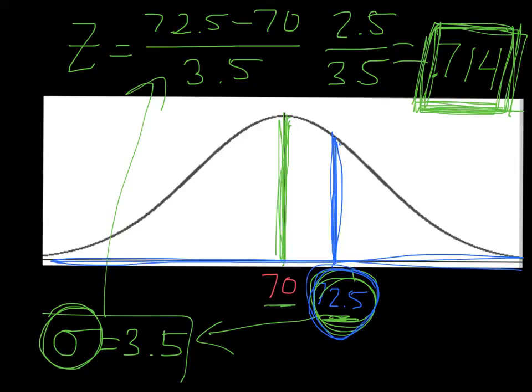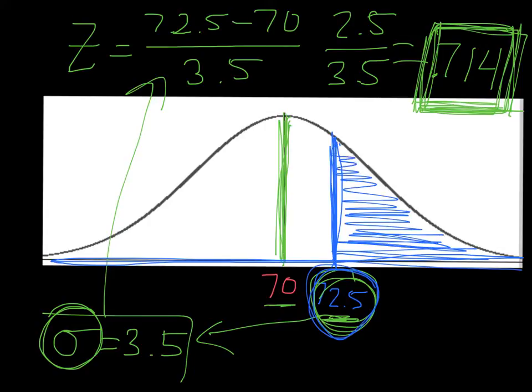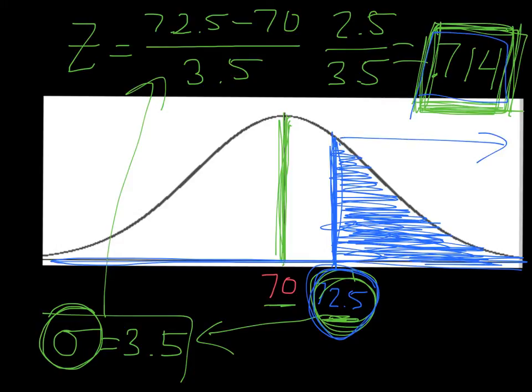So if I'm asked, instead of me saying, what's the probability I'm here, I say, what's the probability I'm at least 72.5 inches tall, or the randomly chosen person is, I should say. Okay, now this is something I can figure out. Now here's an area for me. I've got everything from 0.7 standard deviations above the mean and above. Now there's two ways for me to gather this data.